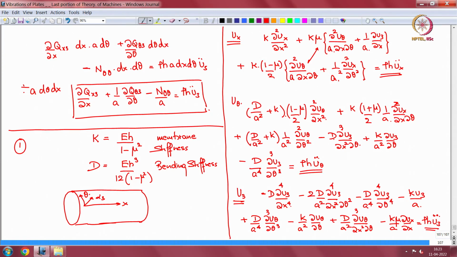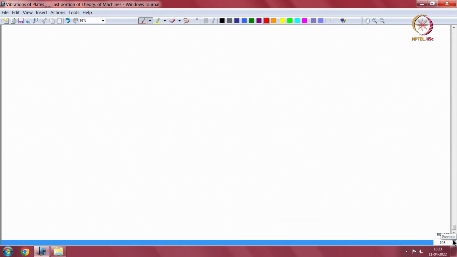Okay. Now, as we did for the ring, our objective initially is to find the mode shapes and natural frequencies. Okay.